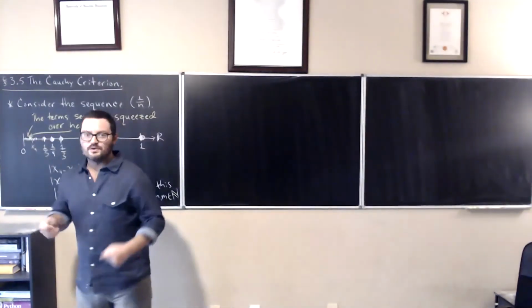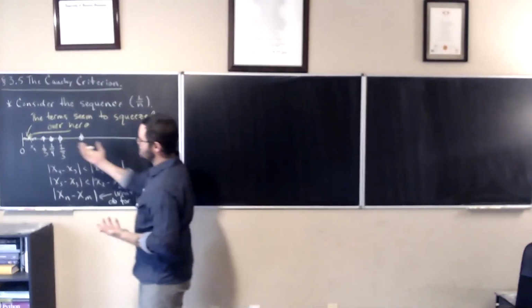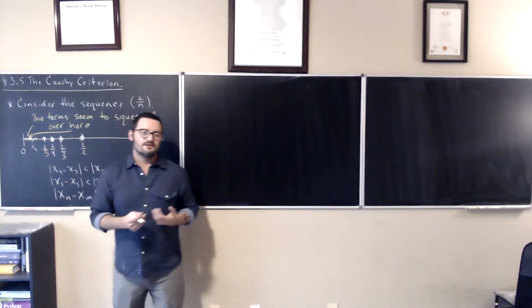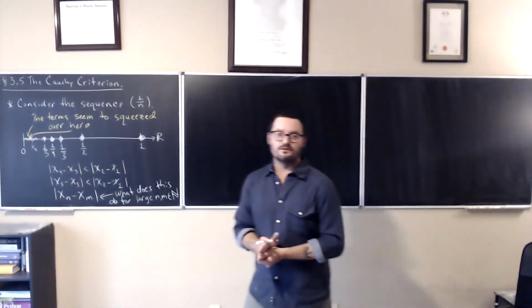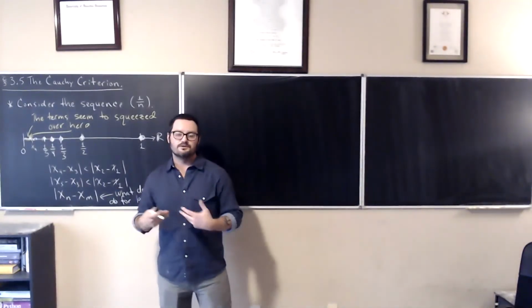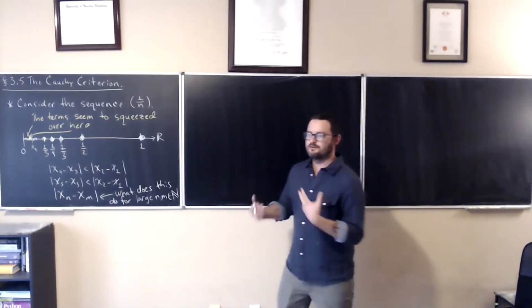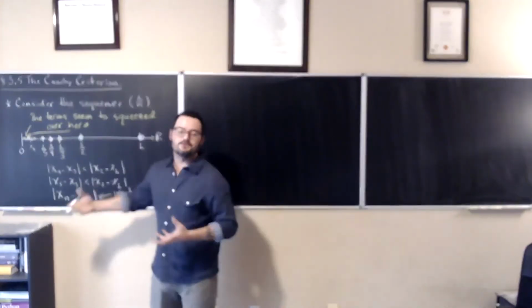So this motivates a definition. Observing this type of behavior for this sequence, you would also observe this type of behavior for other sequences. So whenever mathematicians encounter something that tends to appear over and over again, they like to define it and then study how that definition interacts with all the other theory that they've built.